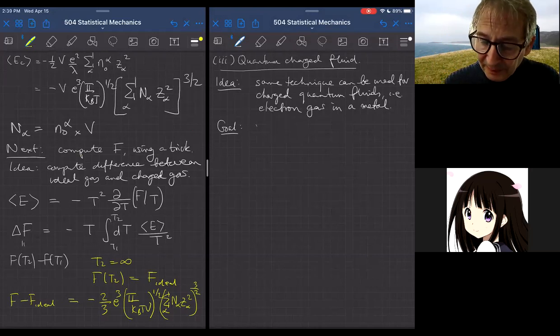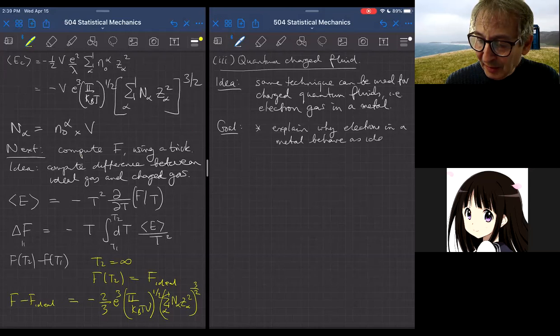So the goal is to explain why electrons in a metal behave as ideal fermions.